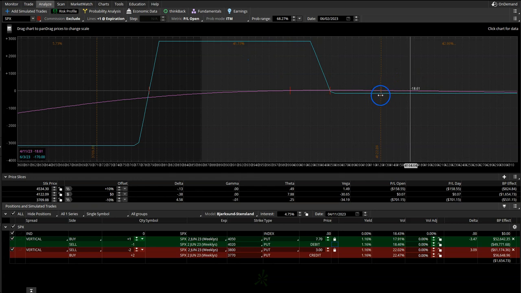But here, we're not starting off with a credit. We're starting off with a debit. So if we let the price run away from the bear trap and stay there, there's a chance that we may end up losing the $170 that we're paying to put this trade on. So at some point, we would need to figure out a way to bring in at least $1.70 credit from somewhere, right?